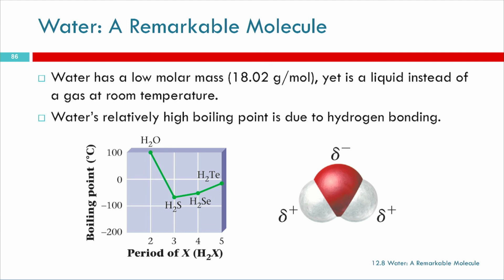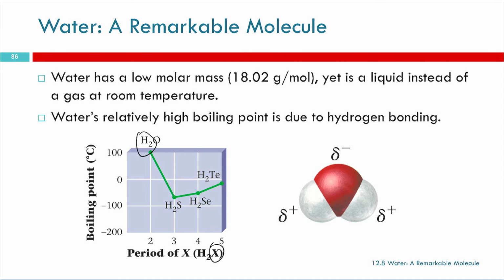Water is a very special molecule. It has a low molecular mass or molar mass, yet it is a liquid instead of a gas at room temperature. And that is because of its hydrogen bonding. So you look at the boiling point of molecules that are two hydrogens plus something else.